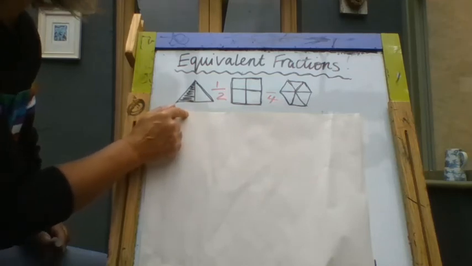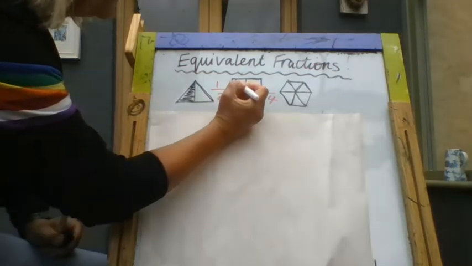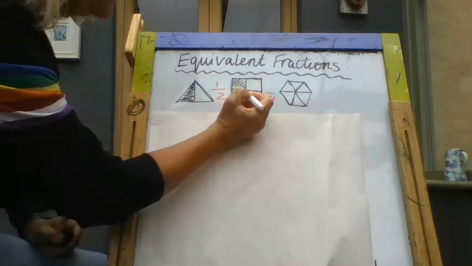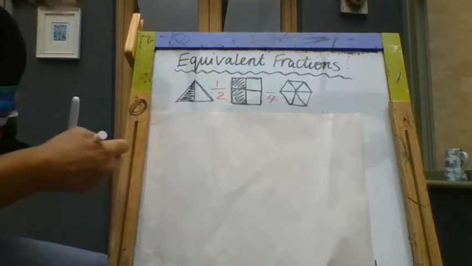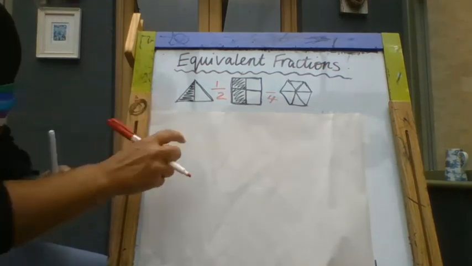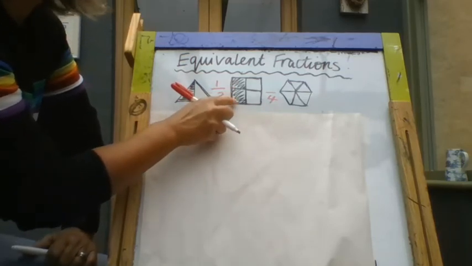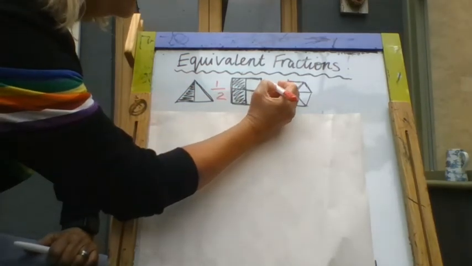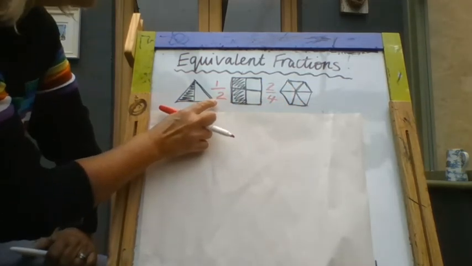I want to shade in half, so I need to do this one and that one. I'm shading in 2 parts this time, but because my parts are smaller, 2 of them still make a half. So 2 of my quarters is the same as 1/2.